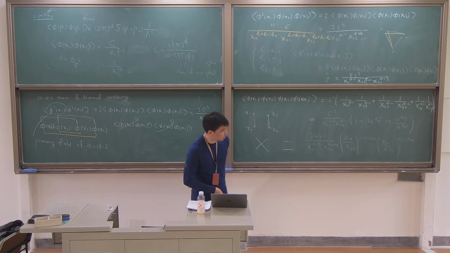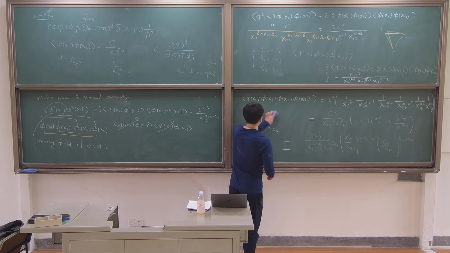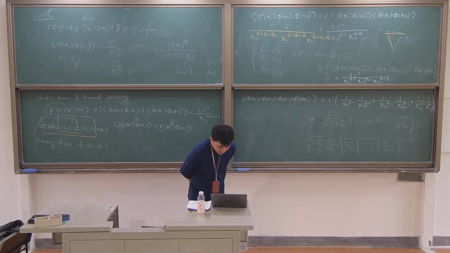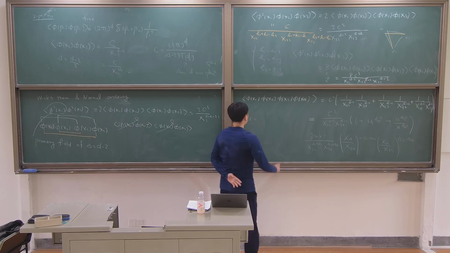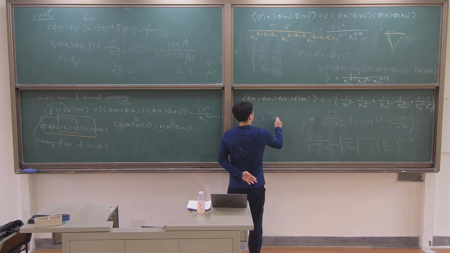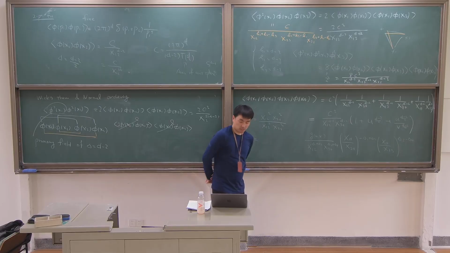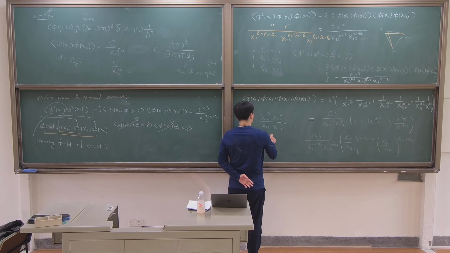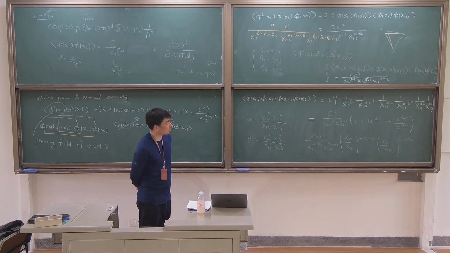U and v are cross ratios, so I think we already knew this, but I should recall it. U is equal to, v is equal to, so these are the cross ratios.